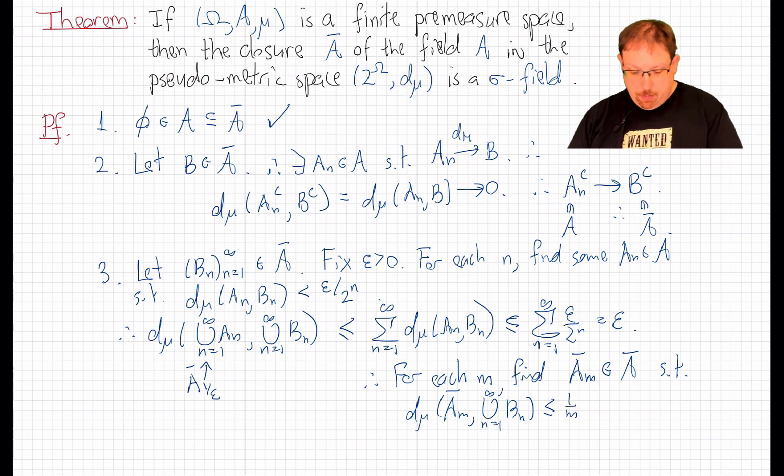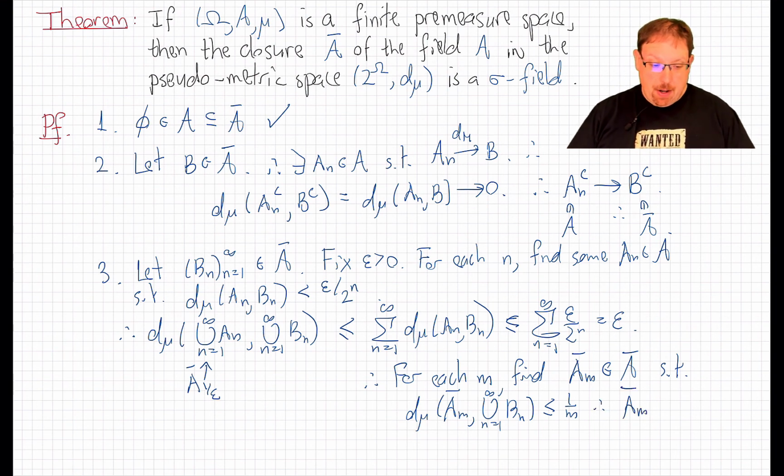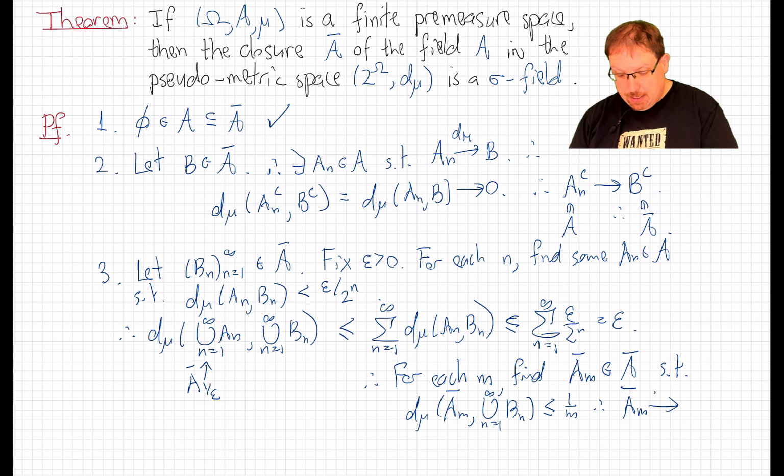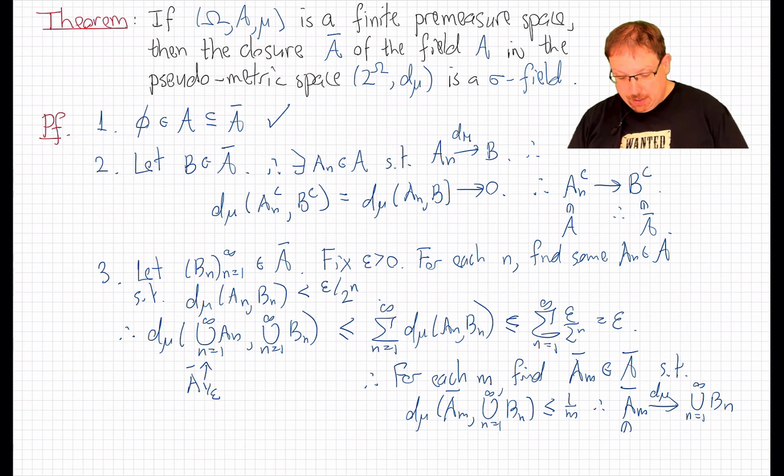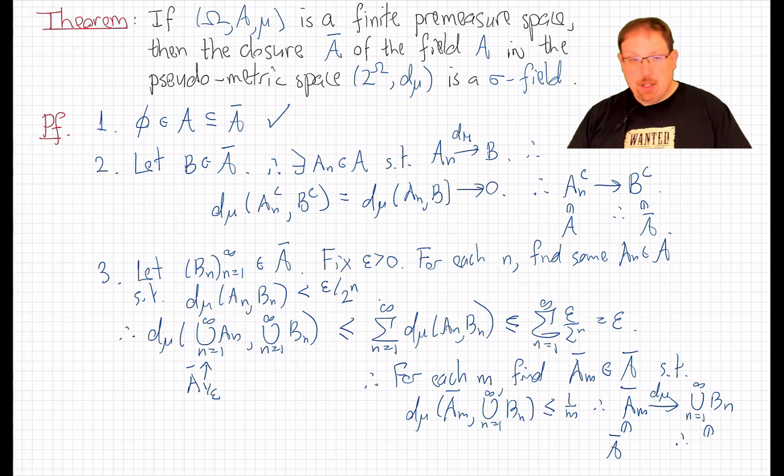Well, it follows from there that this sequence A_m bar converges in the pseudometric to the union of the B_n's. The A_m bars are all in the closure, and therefore this union is in the closure of the closure, which is the closure.